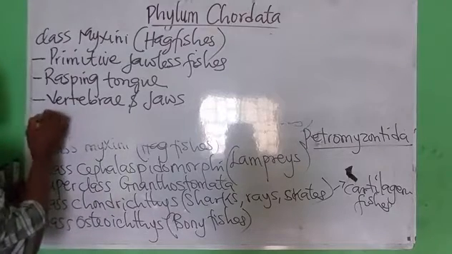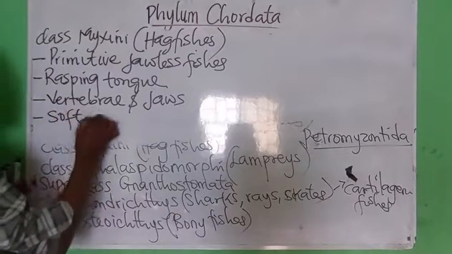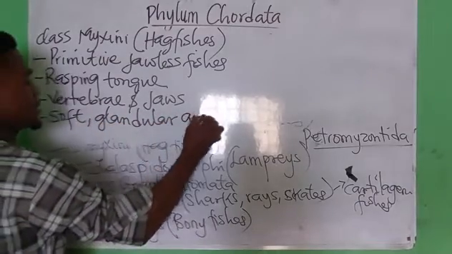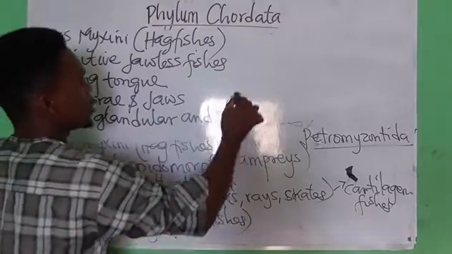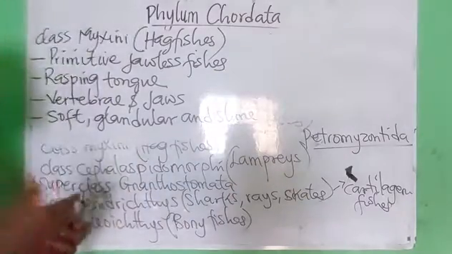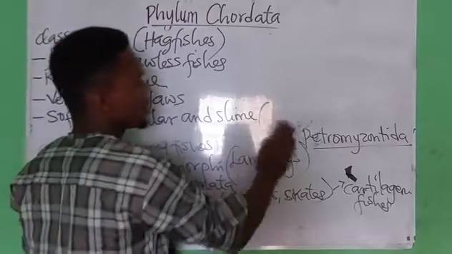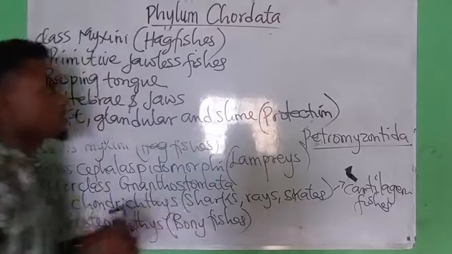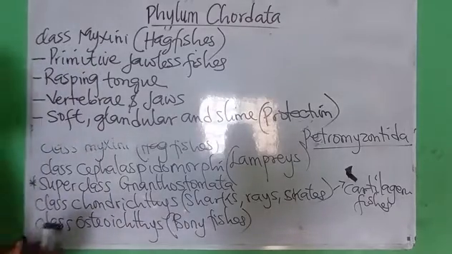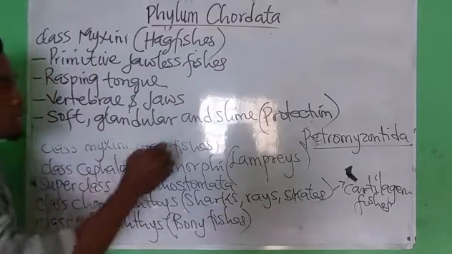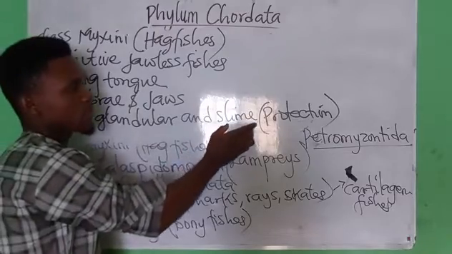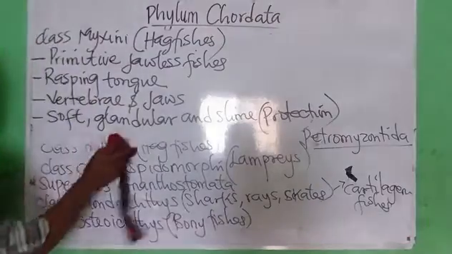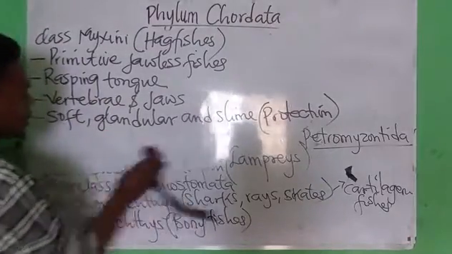Again, their skin is soft, glandular, and slimy. They have the ability to produce slime, and the function of this slime is protection. Please take note of that. It is very, very important.